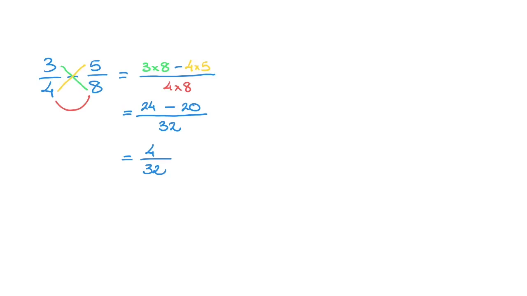The way we simplify this is by looking for the highest common factor of 4 and 32. So let's go ahead and do that. The factors of 4 are 1, 2, 4, and that's it.